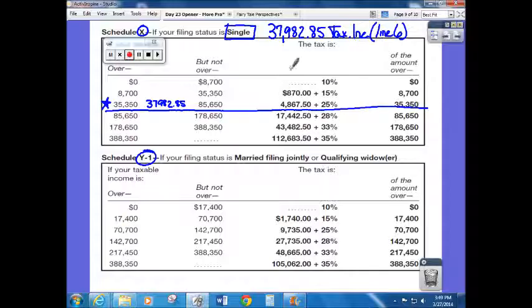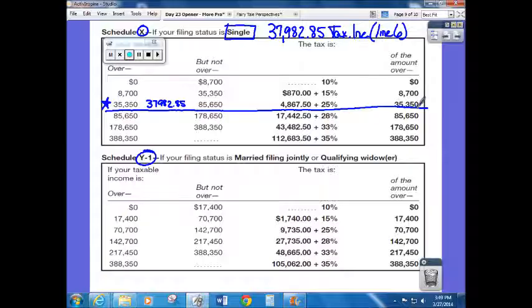This next column, this side of the schedule, tells us how we're going to calculate our tax. So it says here, the tax is $4,867.50 plus 25% of the amount over $35,350. So the first thing we're going to have to figure out is how much of our taxable income is over $35,350. So let's work backwards.